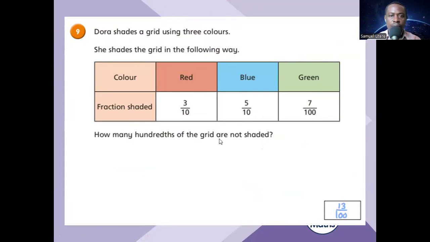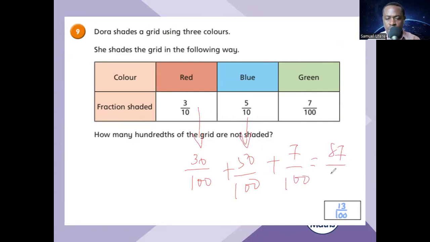Well, 3 tenths is the same thing as 30 hundredths. 5 tenths is the same thing as 50 hundredths. So if we add them to 7 hundredths, we see that we have 87 hundredths.